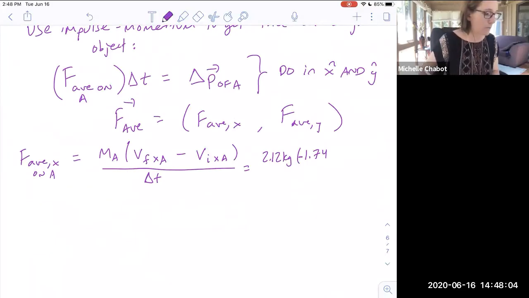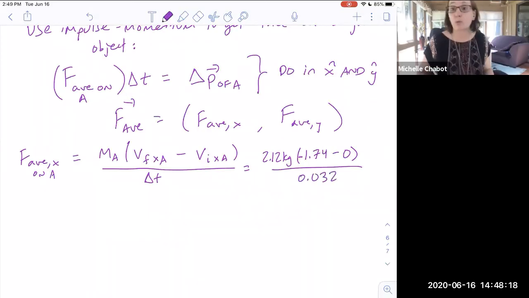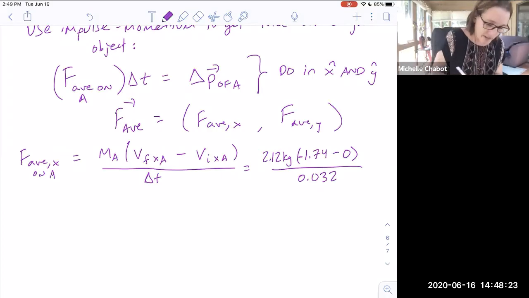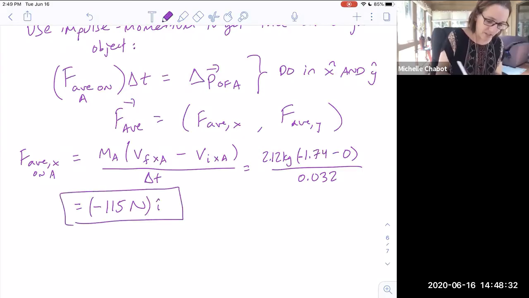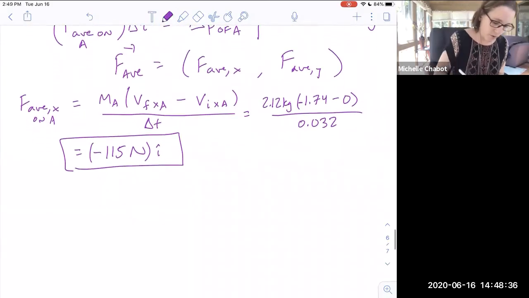So negative 1.74 minus, and then the initial momentum, it was initially heading straight down. So the initial momentum in X was 0. And then over delta T, the time was given in the problem, and it was 0.032 seconds. Often you have to convert from milliseconds to seconds here. And so when I do that, I end up with negative 115 newtons, and that's going to be in the i hat direction. That's the X component of the force, and now I need the Y component of the force.